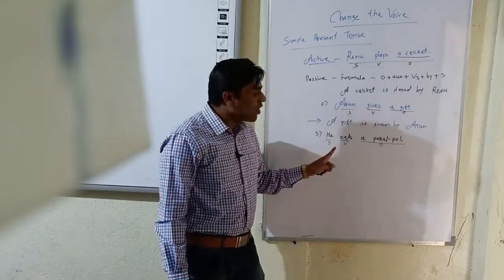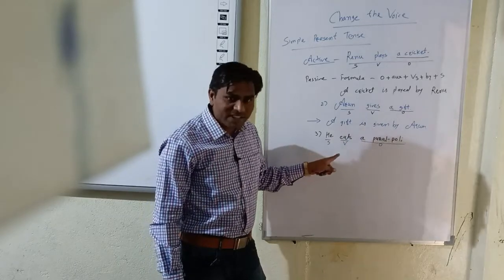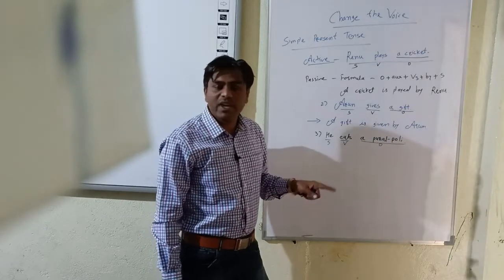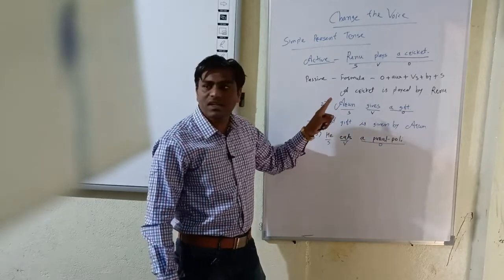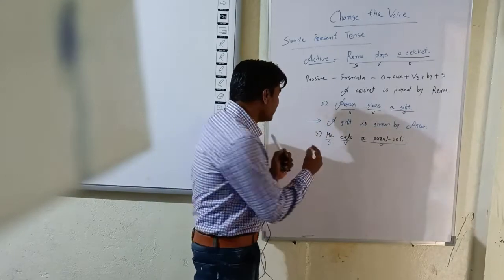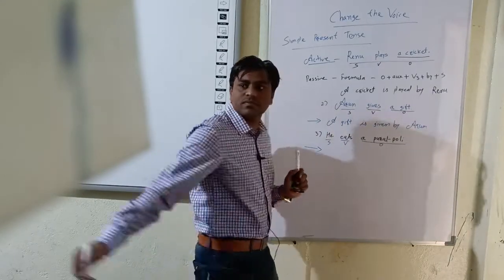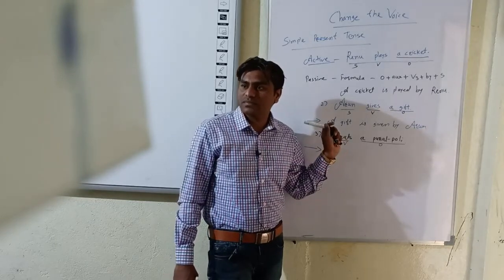Okay. Now when we want to transform this sentence into the passive voice, then we can use the formula and we can solve the sentence same as it is solved on the board. How can we solve it then? Who will tell this? Raki, can you tell?